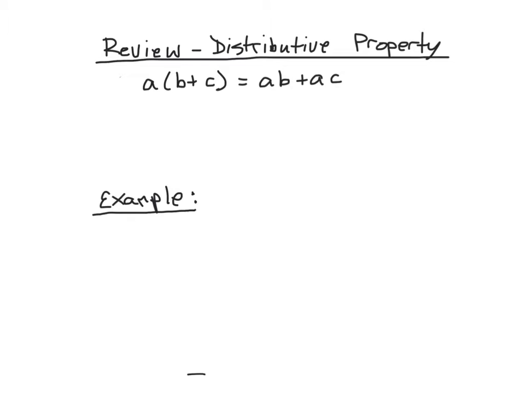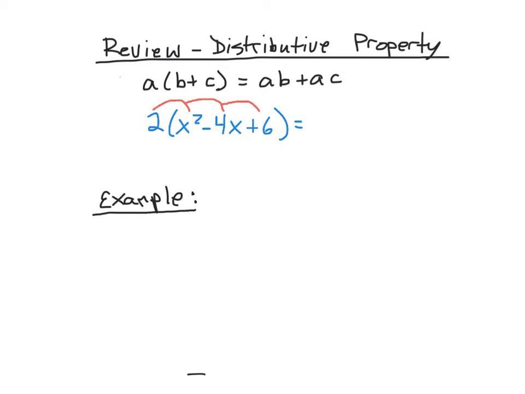You know, if I had something like 2 times (x squared minus 4x plus 6), then the distributive property basically tells me that I can take my 2 and I can simply multiply it to the x squared term, to the 4x term, and to the 6 term, and then write it without parentheses.